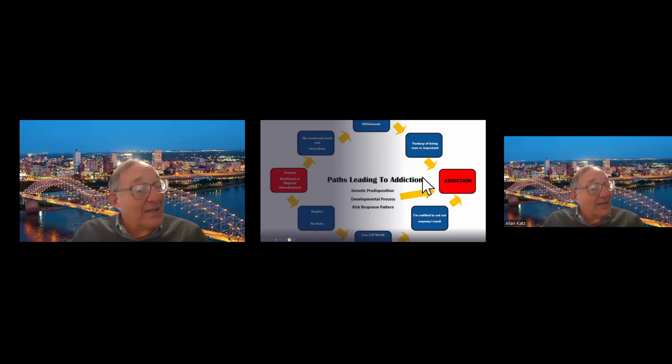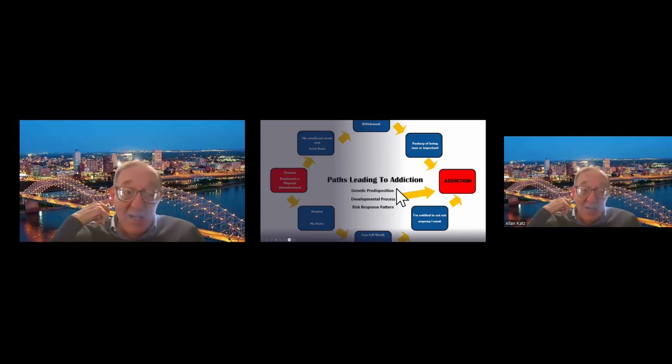The other paths leading to addiction are genetic predisposition, as we know, where if there's some type of addiction in the family, then they're more likely to end up with addiction also.